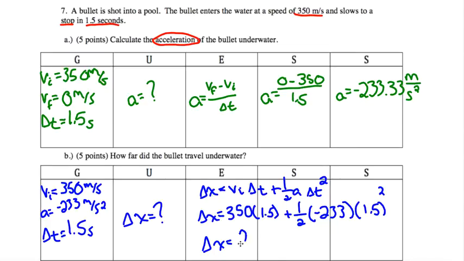have a 240, or sorry, that's not correct. Let's change that real quick. 350 times 1.5 is 525.